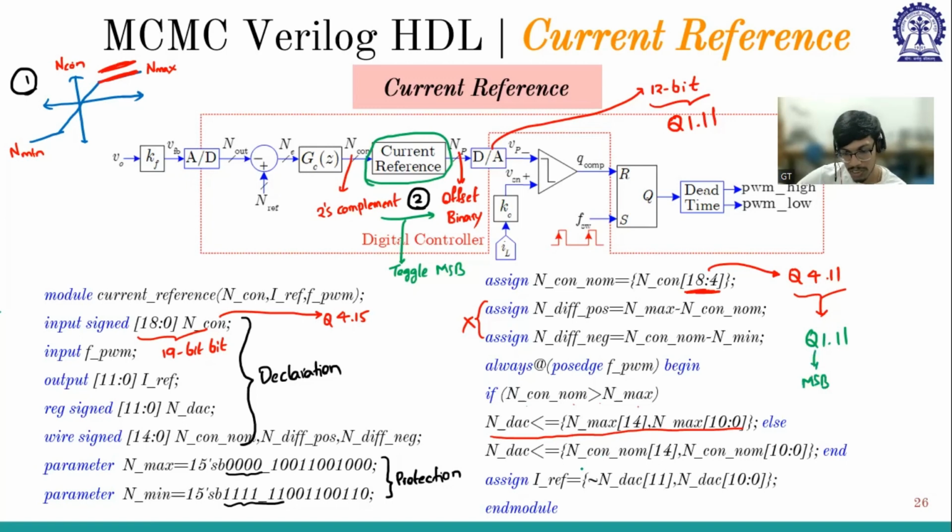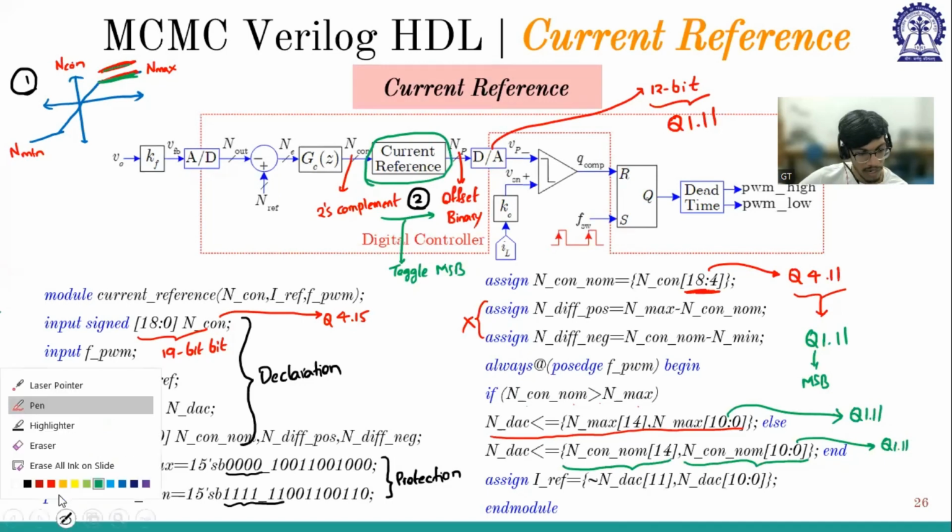So we are checking if Ncon is more than Nmax, then Ncon is equal to Nmax, and we write it in Q1.11 format. Else, Ncon stays the same, and again we write it in Q1.11 format.